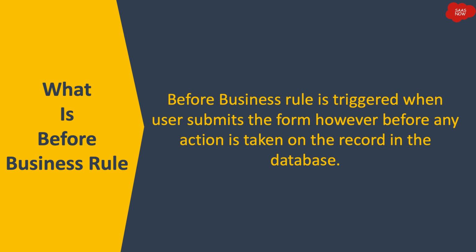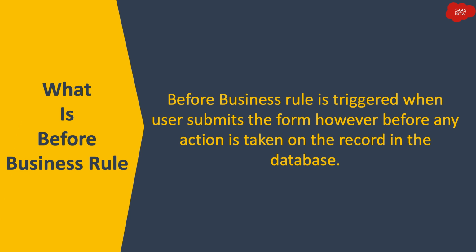Before business rule is triggered when user submits the form, however, before any action is taken on the record in the database. That means if you want to take some action before data gets saved in the database, then before business rule is used. If I give you a quick example, the user opens up the form and fills the data in the fields you have on the form.